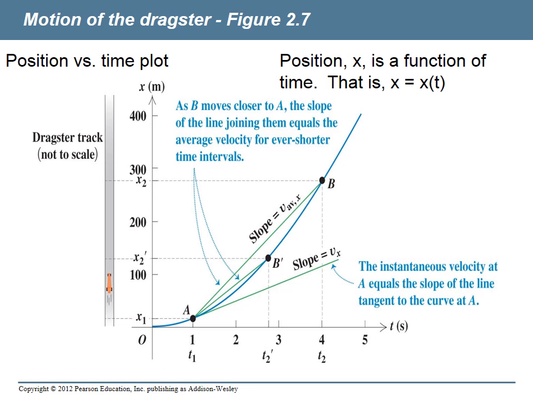So if I want to find the average velocity between 2 points, let's say between this point and this point, we'll call them points A and B, then I would simply take the position x2 minus position x1 divided by the time it takes to get there, so time 2 minus time 1. And that would give us this average slope. That's all we're doing, calculating the slope here, and that is the average velocity.